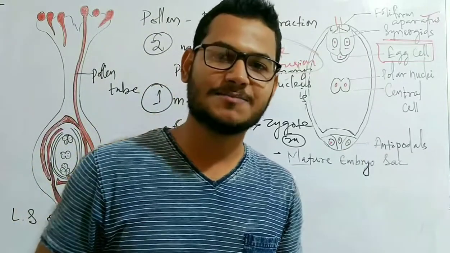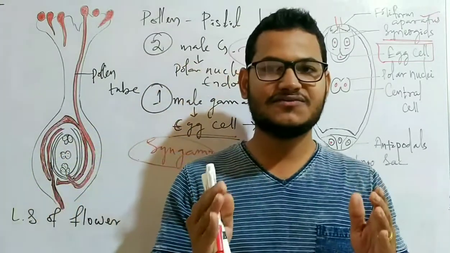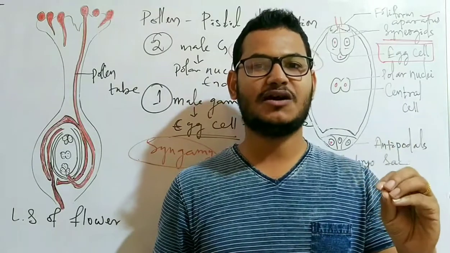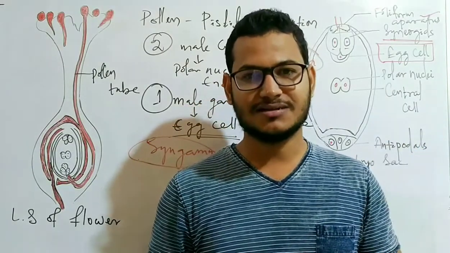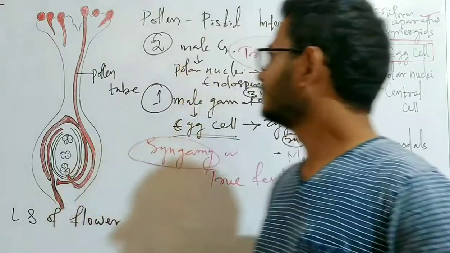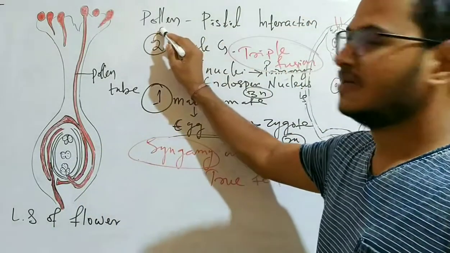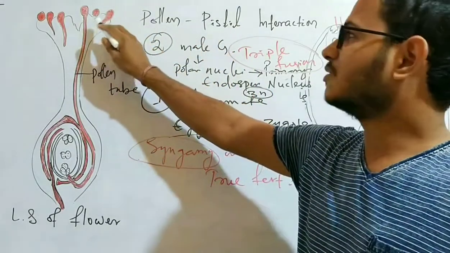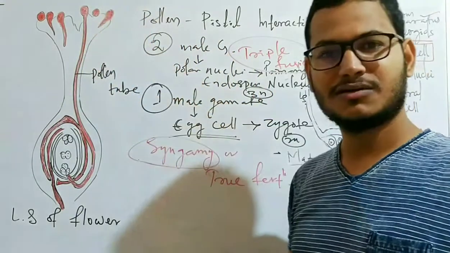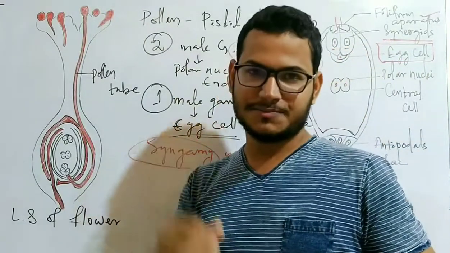Pollination is the mechanism to achieve the objective of transfer of pollen grains to the stigma of a pistil. So it is the mechanism by which the pollen grain will come and land on the surface of the pistil. So how does the pollen grain travel to the surface of the pistil?